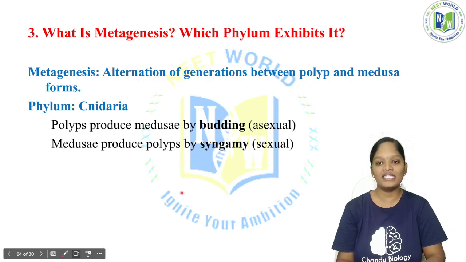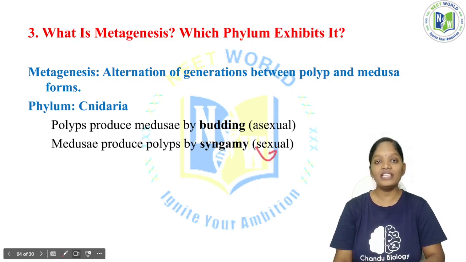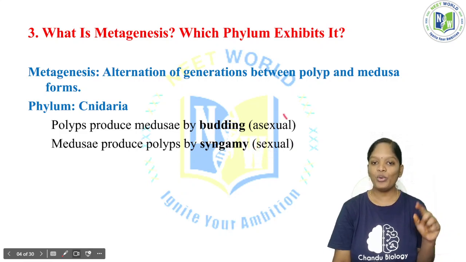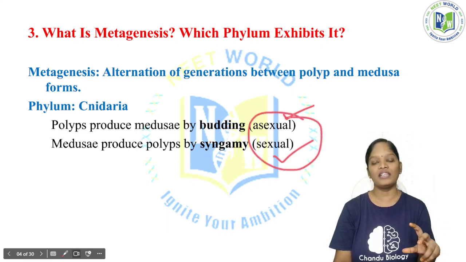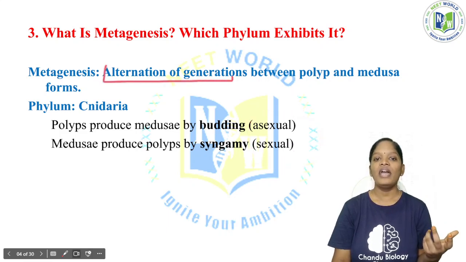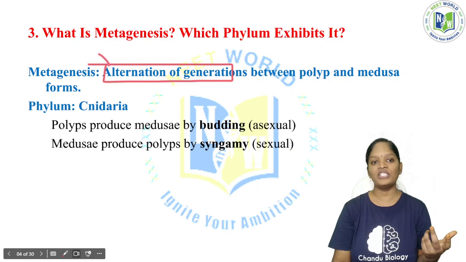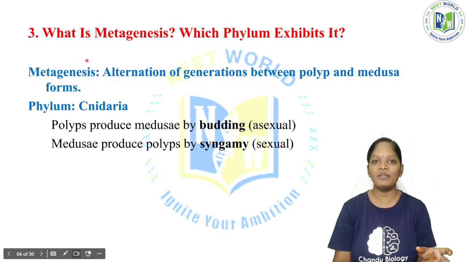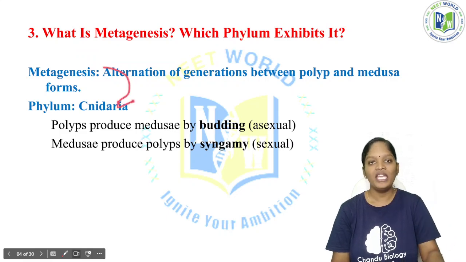This is sexual reproduction. As both asexual and sexual reproduction take place in the life cycle, we call that alternation of generation, technically called metagenesis, and this concept can be clearly seen in the phylum Cnidaria.